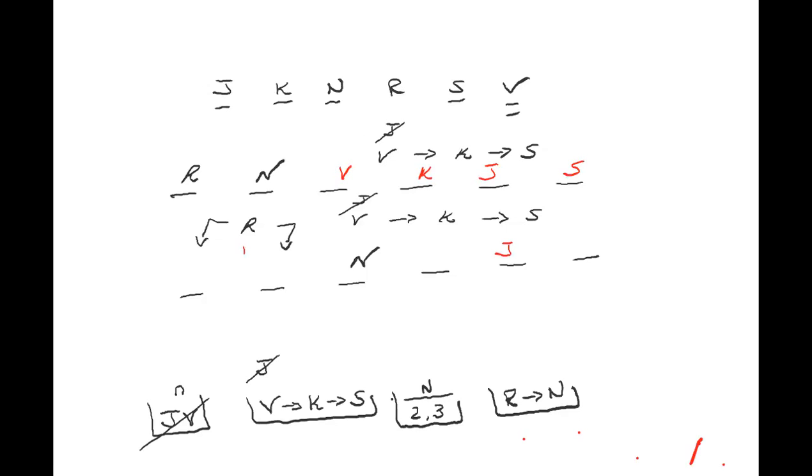So the V is going to be over here, either 1 or 2. V, K, S. Okay. So if I put J in 5, then the K has to be in 4. That's the answer. All right. A is the answer. So that worked out well.